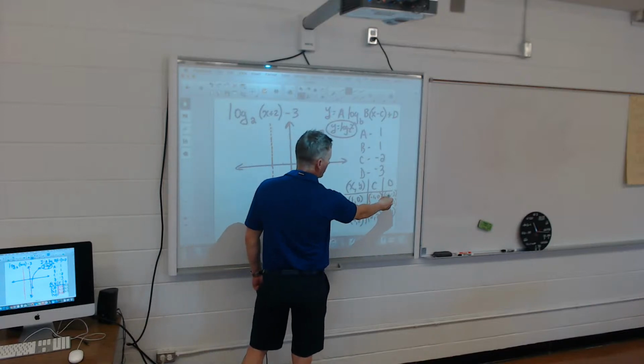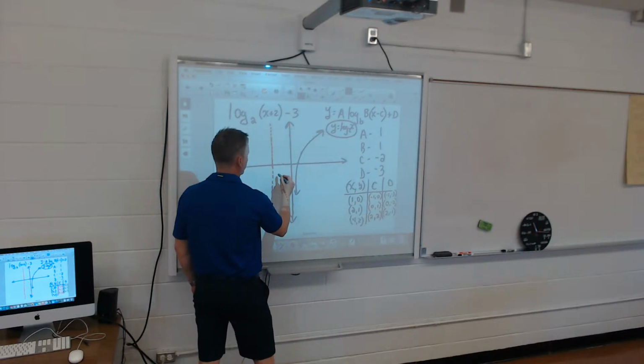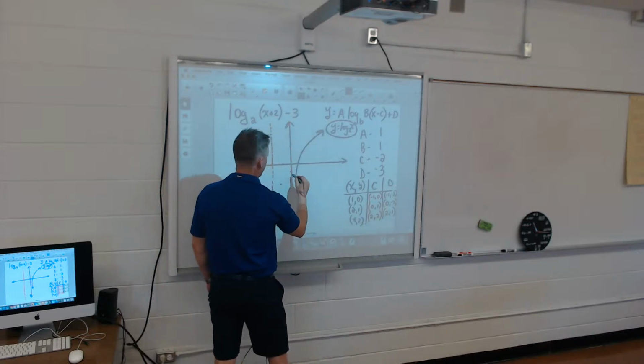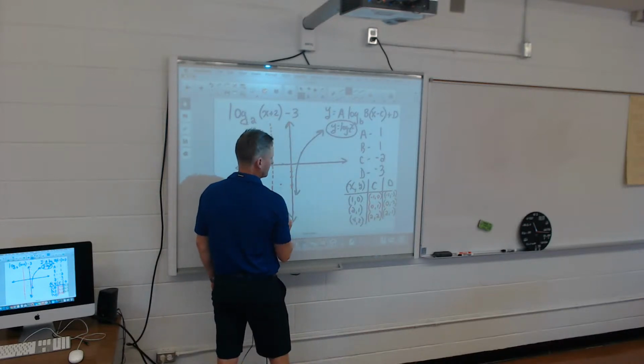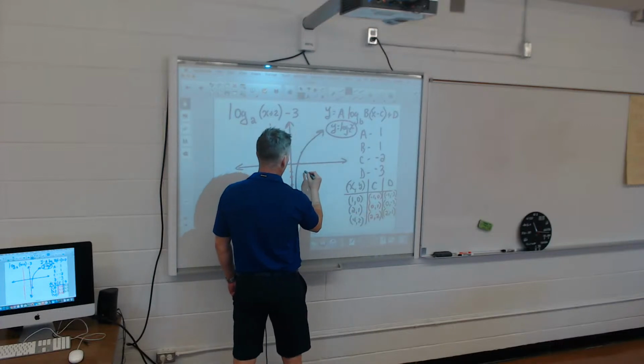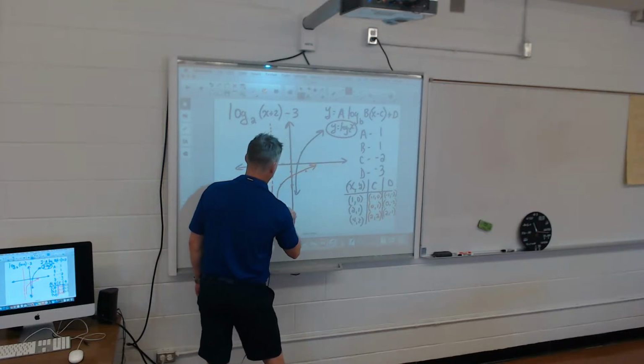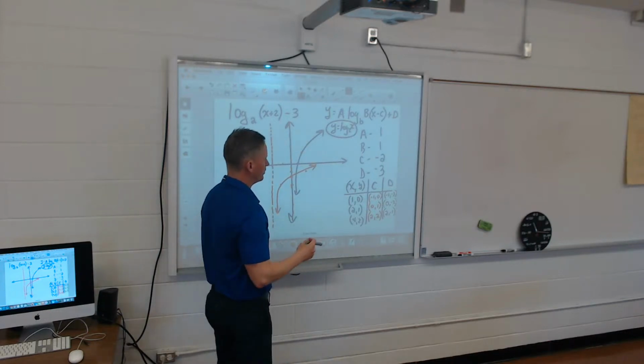My (1, 0) coordinate becomes (-1, -3), that's down here. (0, -2) is right here, and (2, -1) is right here. And there's my new graph.